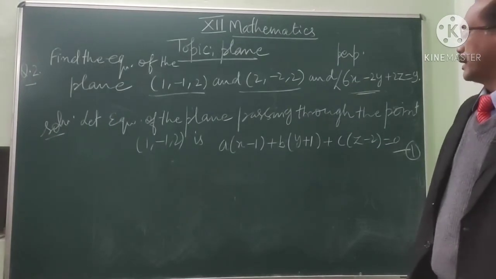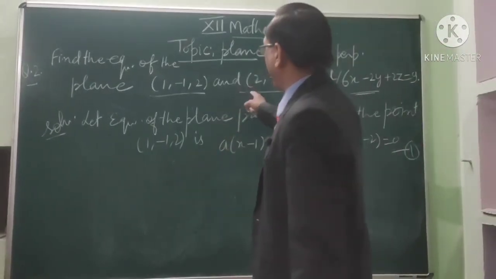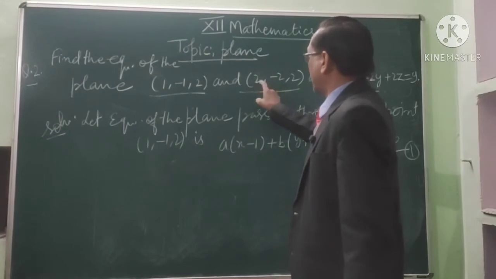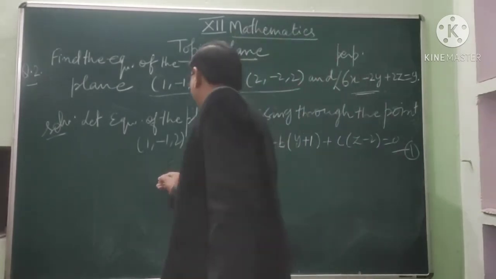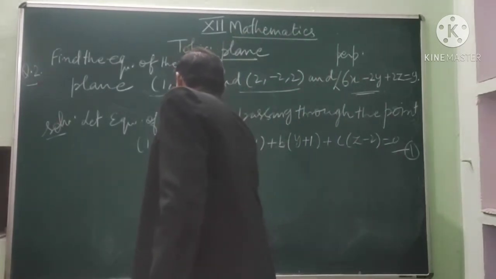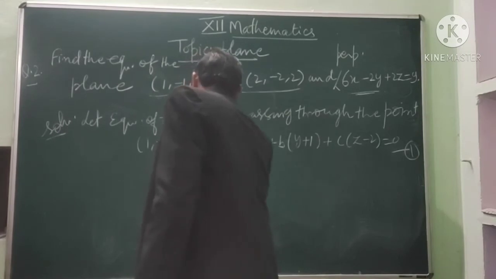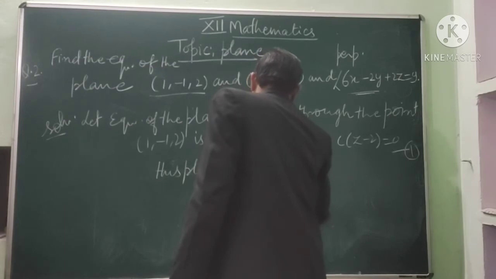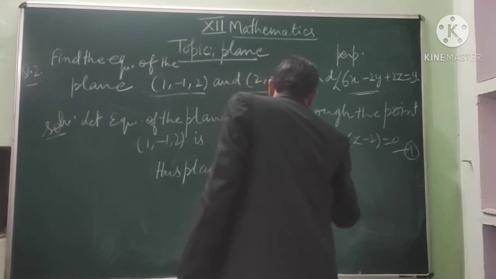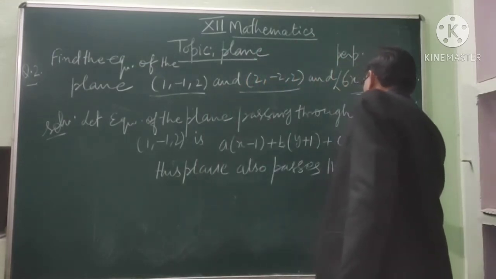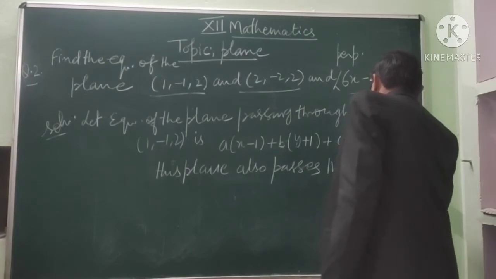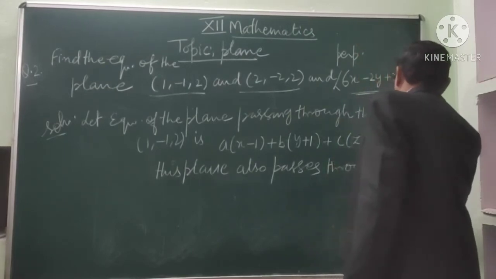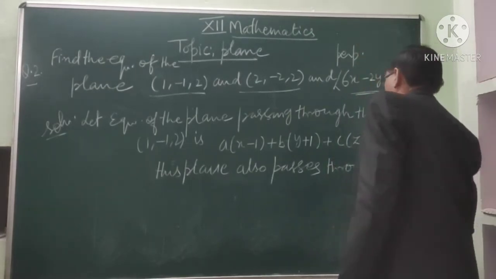Then the equation of the plane passing through this point also passes through (2, -2, 2).